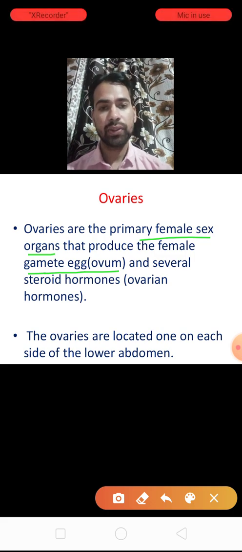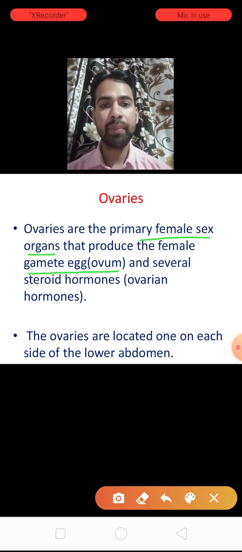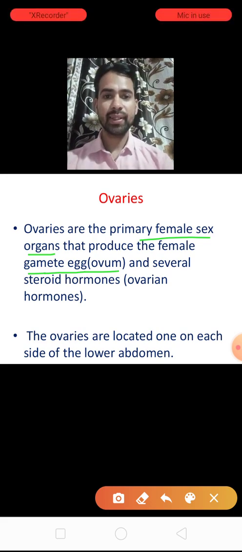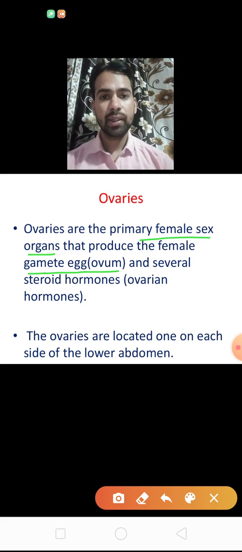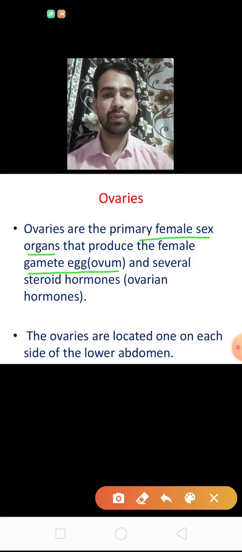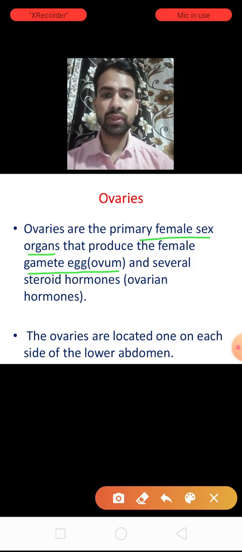So the function of the ovary is to produce the female gamete. Clear? And the ovary also produces steroid hormones, or we can say ovarian hormones.